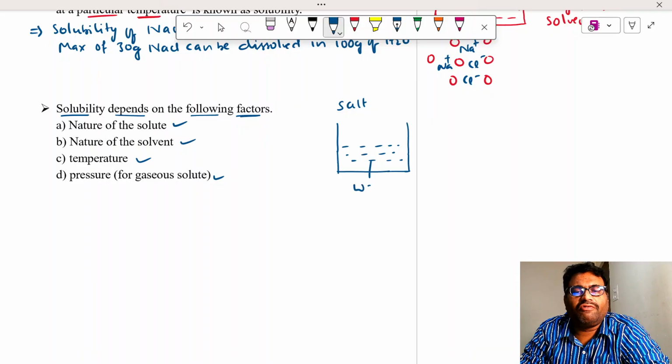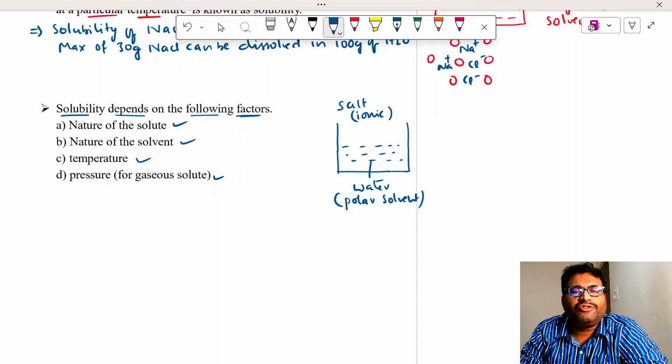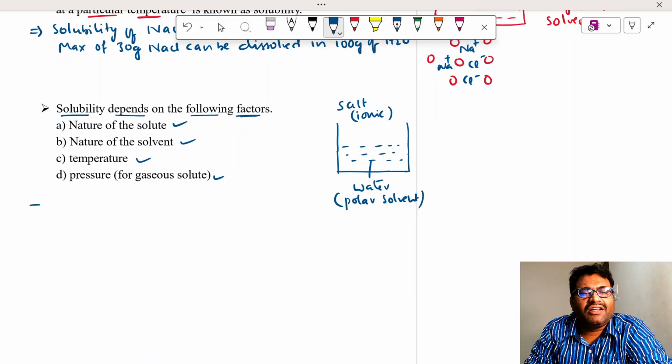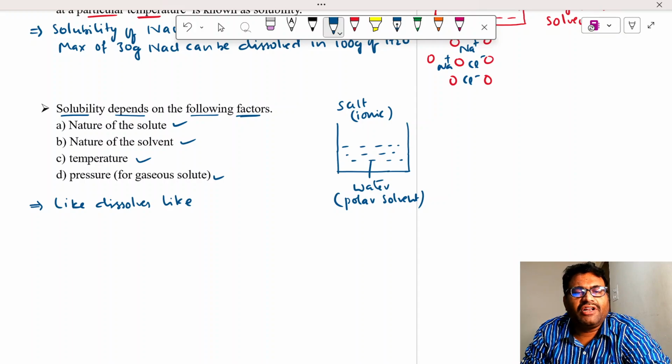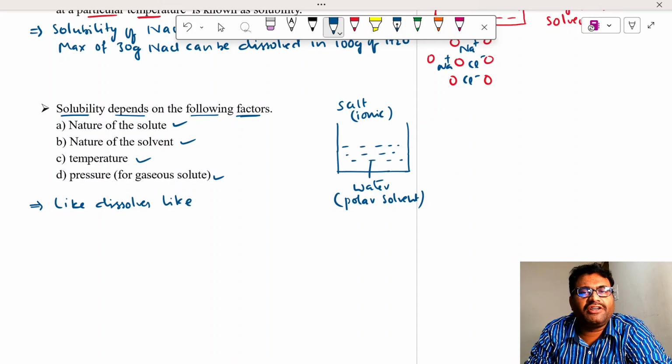Water is a polar solvent. Salt is an ionic compound. We know that like dissolves like. This is a general statement, there are exceptions. We are speaking about general statements. Like dissolves like, what does that mean?